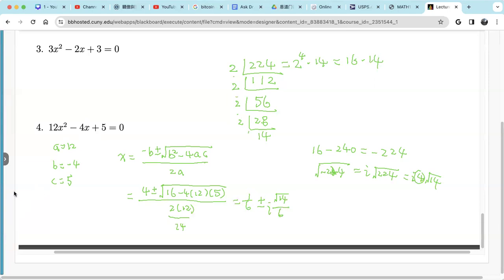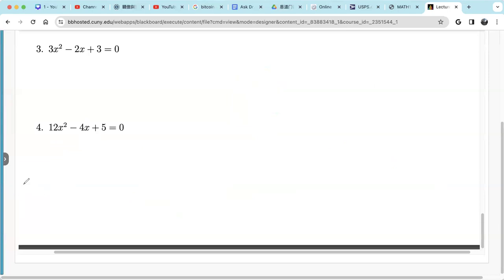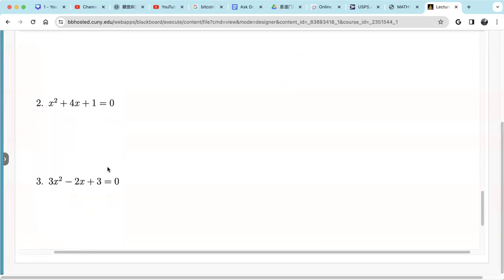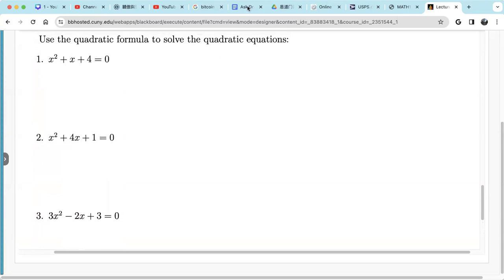Okay, so I want to go back and talk about another method called completing the square for one of the questions. Because basically there are 3 methods to solve a quadratic equation. One is called factoring, if it's possible to factor the equation.